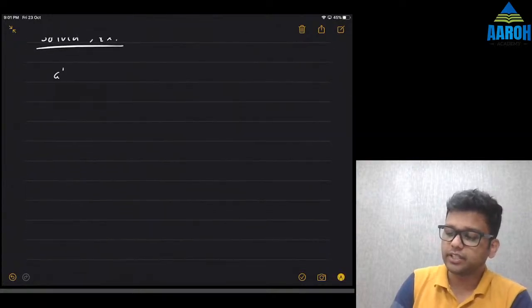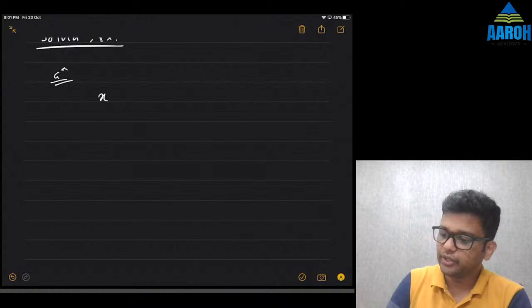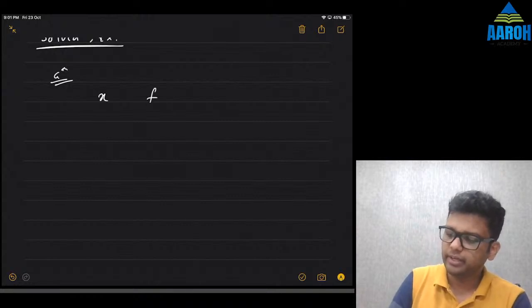So this is like the fourth solved example. Let's say you have x and f. Maybe x is 3, 4, 5, 6, 7.